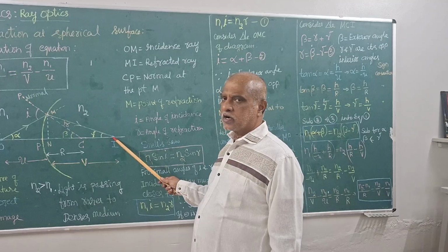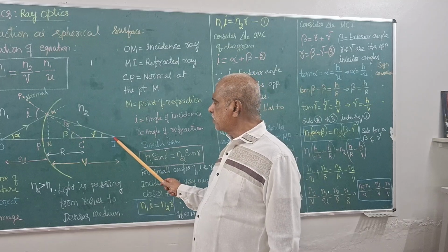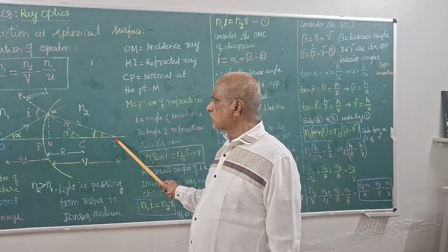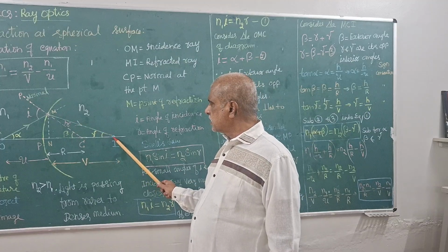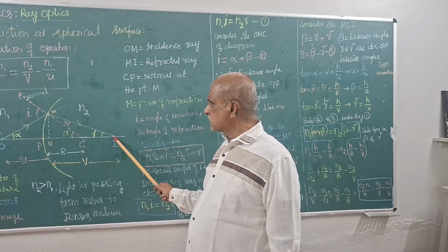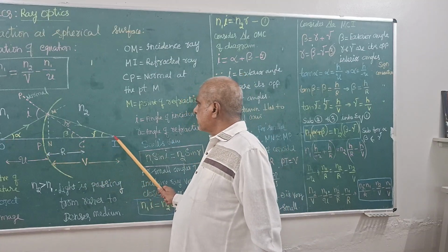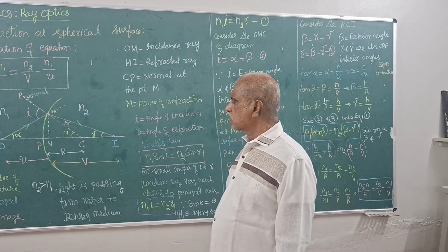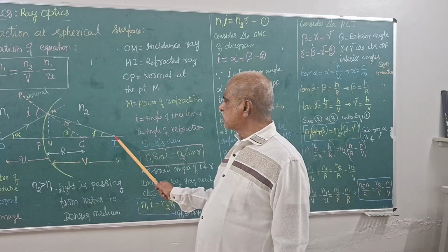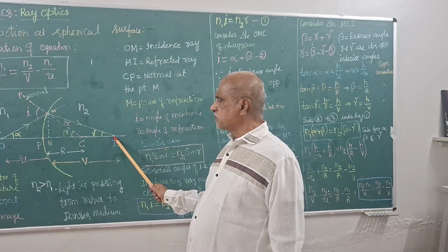This point is called the point of image formation. After convergence, this is the point of convergence. It is point object, point image formation. And this is the position of the image on the principal axis.